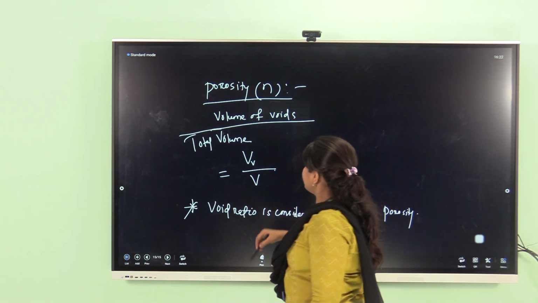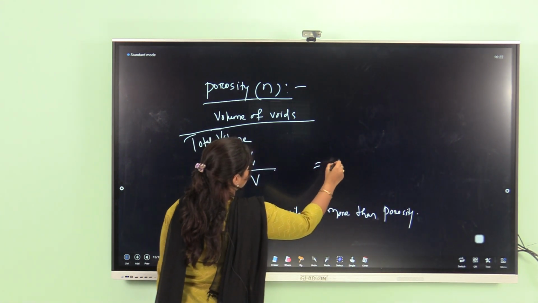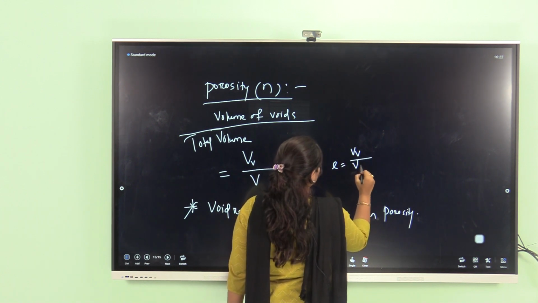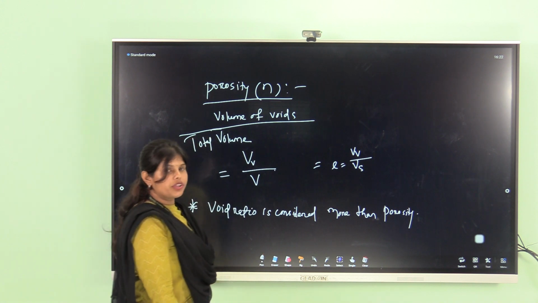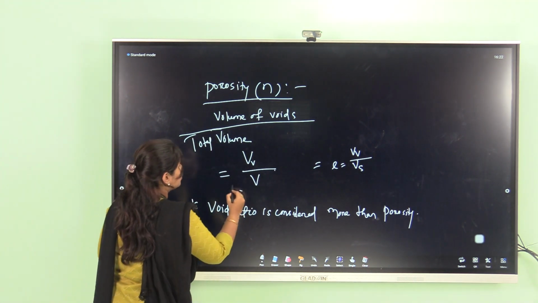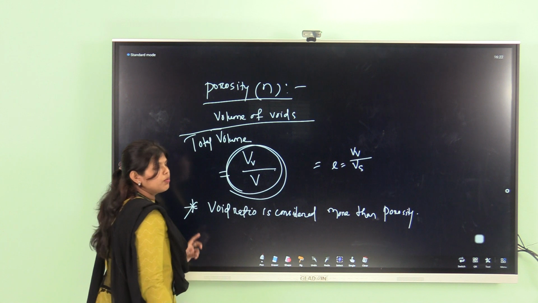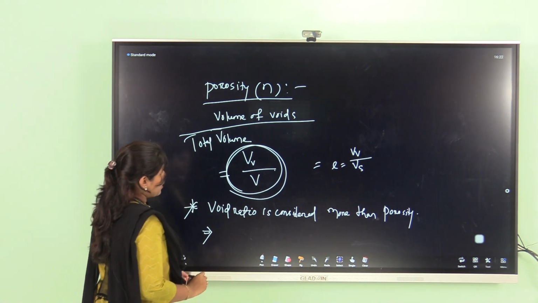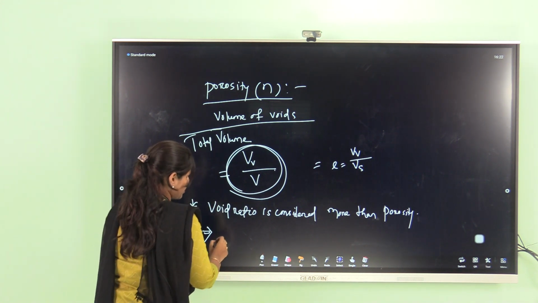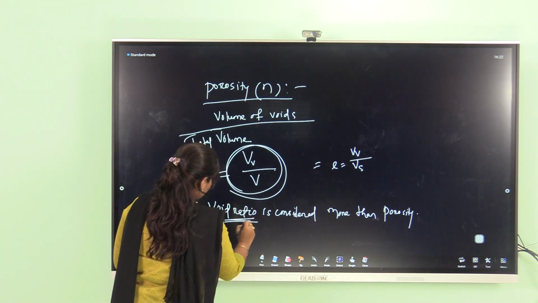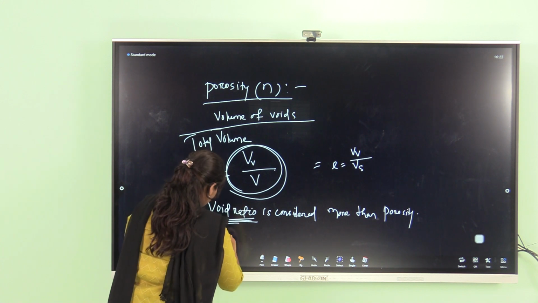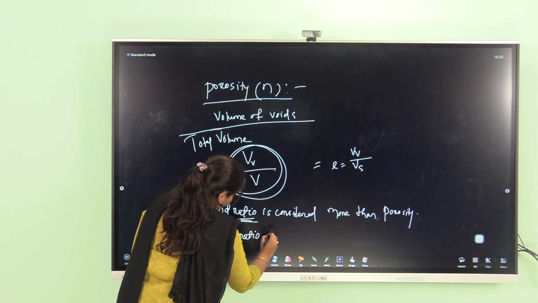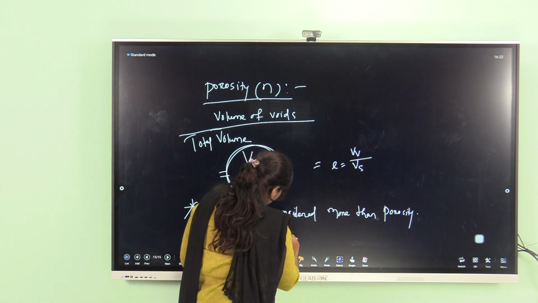Because in case of void ratio we take what? e equals to volume of void upon volume of solid. Okay. We take volume of solid, but in porosity we consider whole volume. Okay. So, void ratio will always be smaller than porosity.